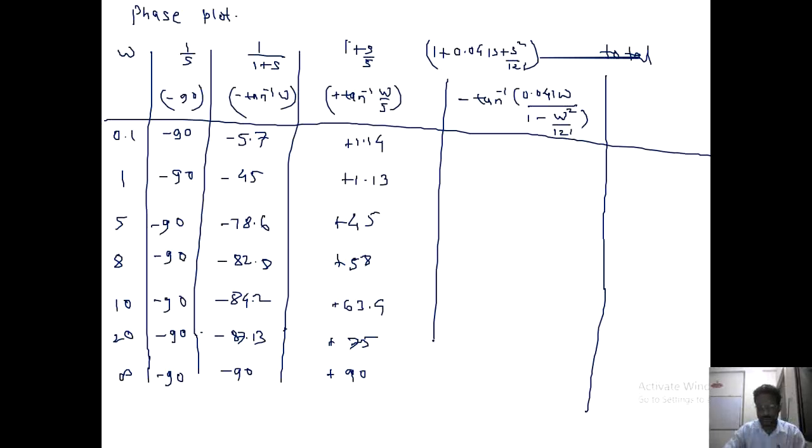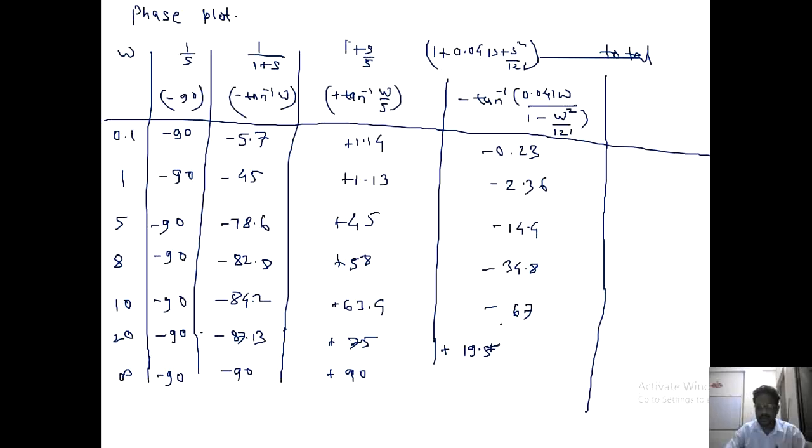And for this big bracket, the value for omega 0.1 will be minus 0.23, minus 2.36, minus 14.4, minus 34.8, minus 67, minus... and for omega equal to 20, suddenly the value is plus 19.5.